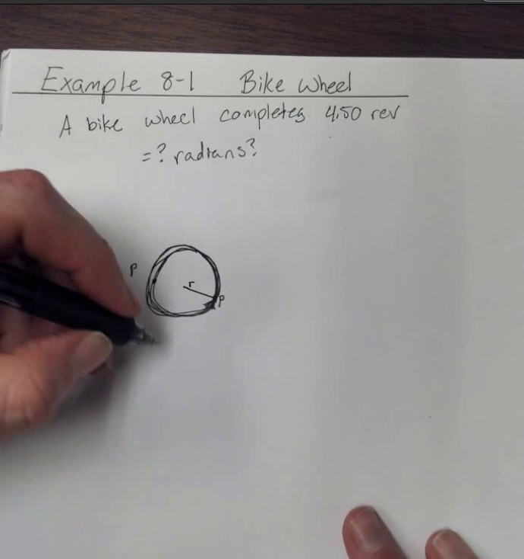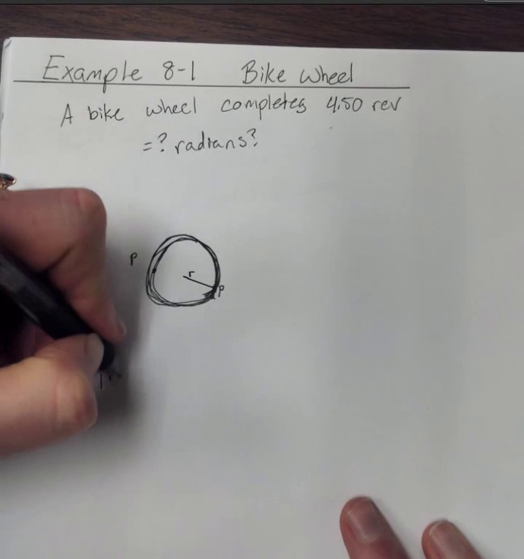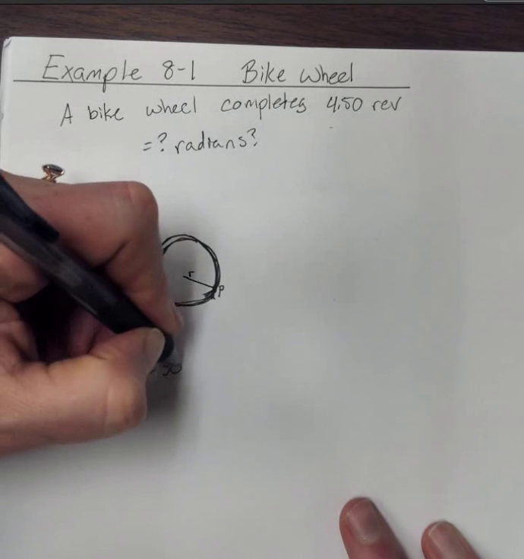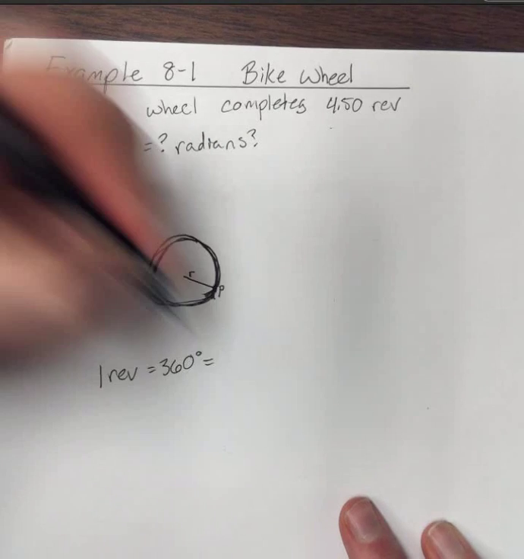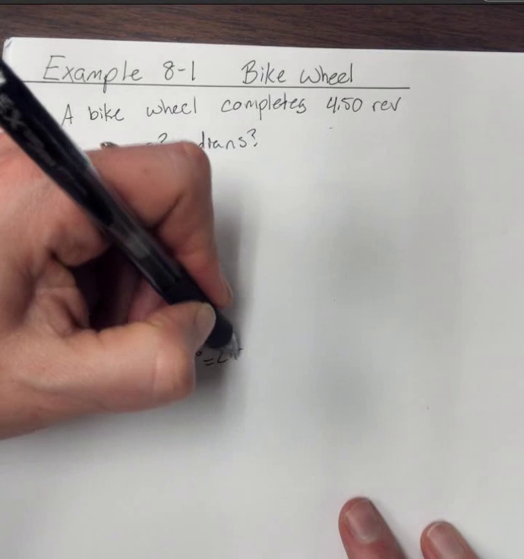We know that 1 revolution is equal to 360 degrees, which is equal to 2 pi radians.